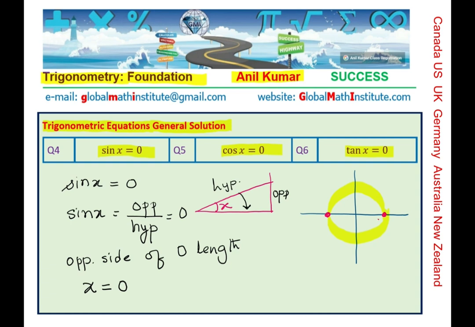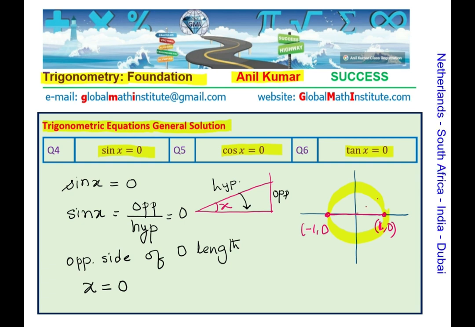Now the coordinate point here is 1, 0, right? And here it is minus 1, 0. As you can see in these two positions, height of the triangle is actually 0, right? So you find that sine function is 0 at two places within the circle.